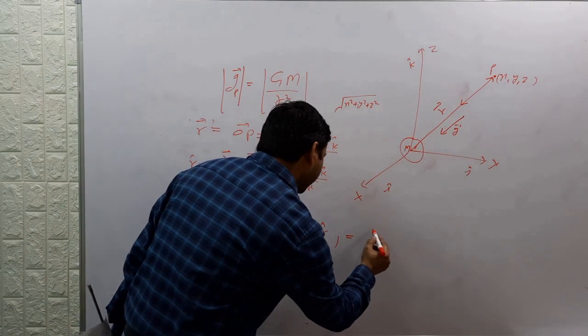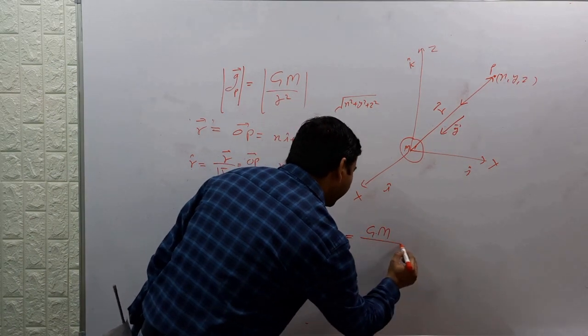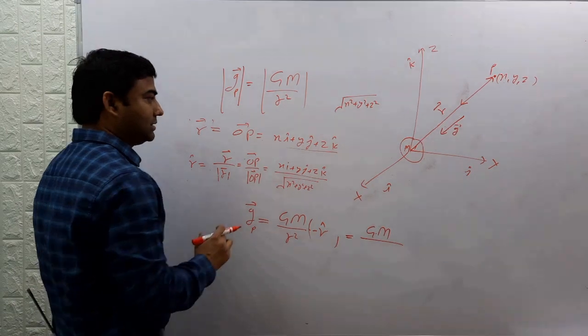Then you can write it as Gm divided by r square, where r is the distance.